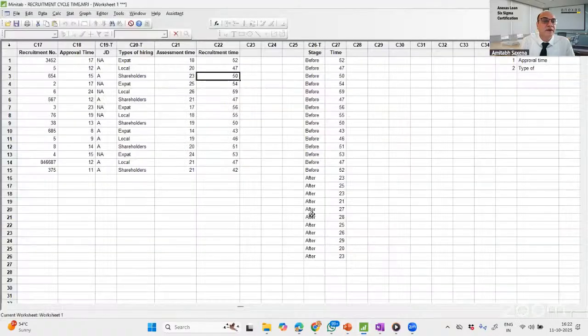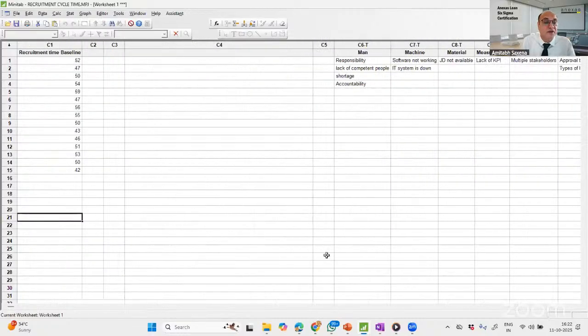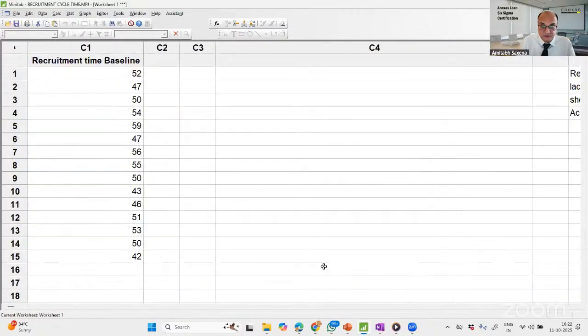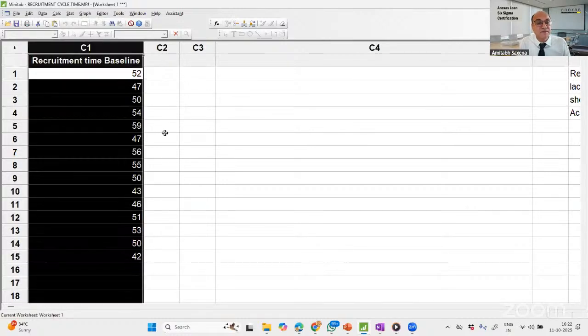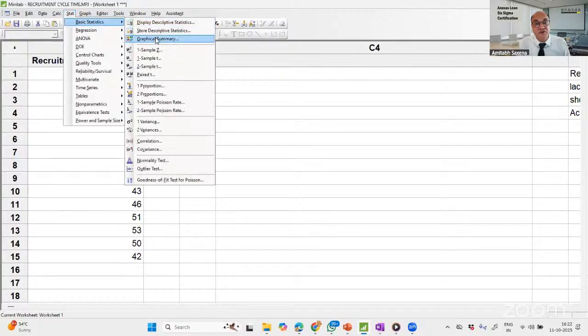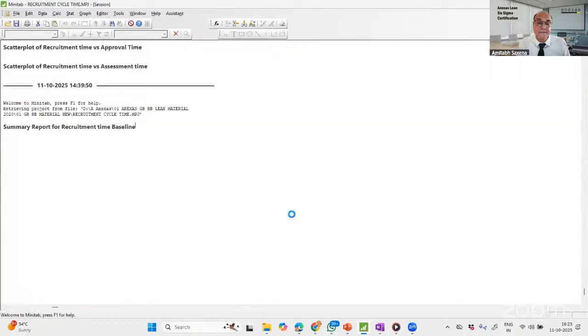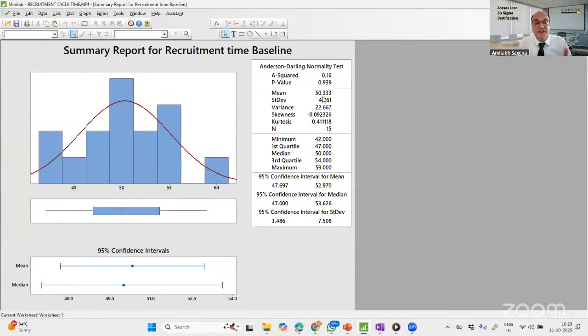When you join our training, you get to learn about this. We give you these tools, whatever I am showing you. So this is your recruitment cycle time. We will just see how the recruitment cycle time is behaving today in our company. In the measure phase, we are making a chart. Its average is 50 days.